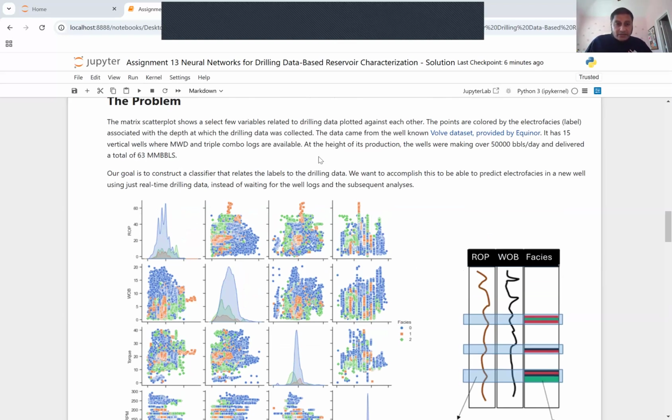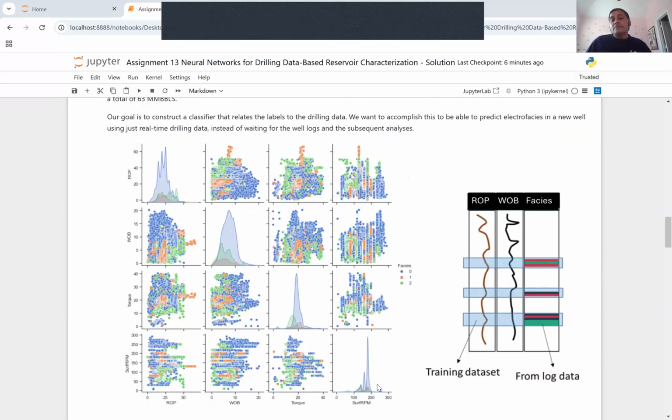And this matrix scatter plot over here essentially shows us the problem that we are facing. We have rate of penetration, we have weight on bit, we have torque, and we have RPM, among other measurements. And we have these points colored by the facies labels.